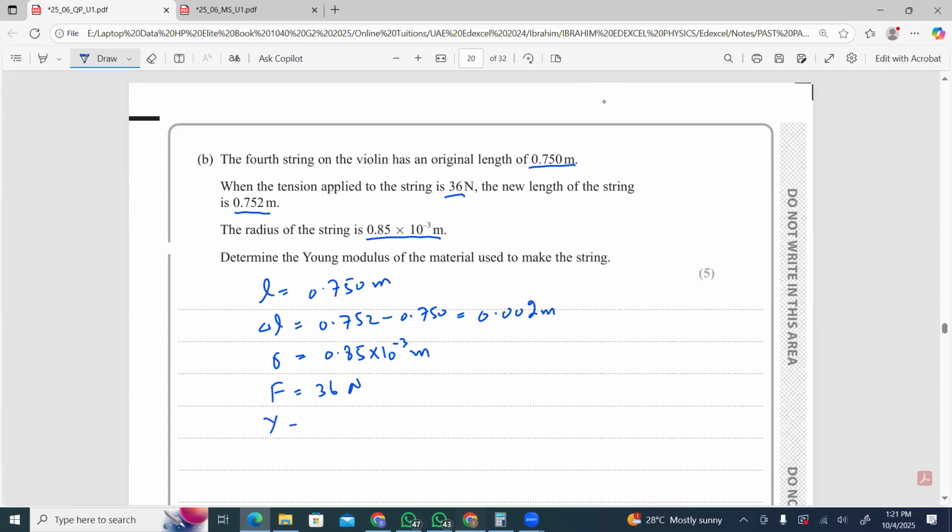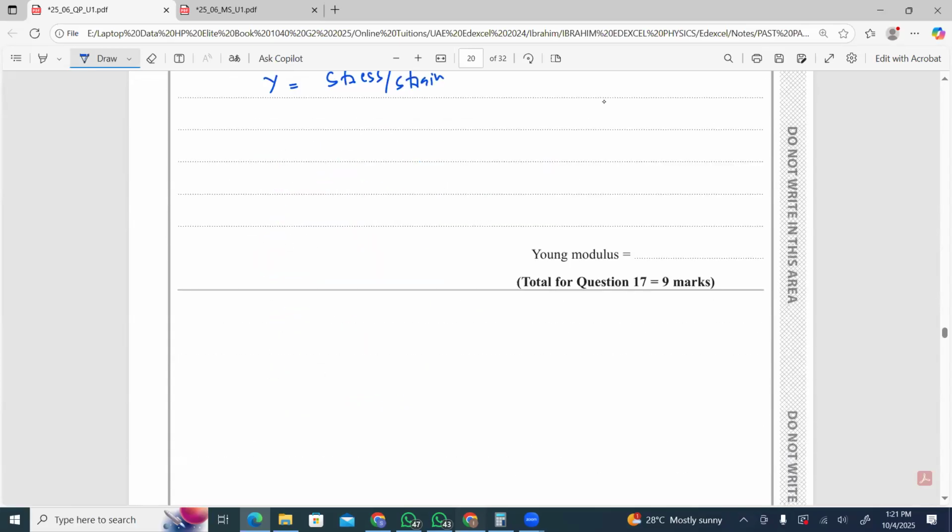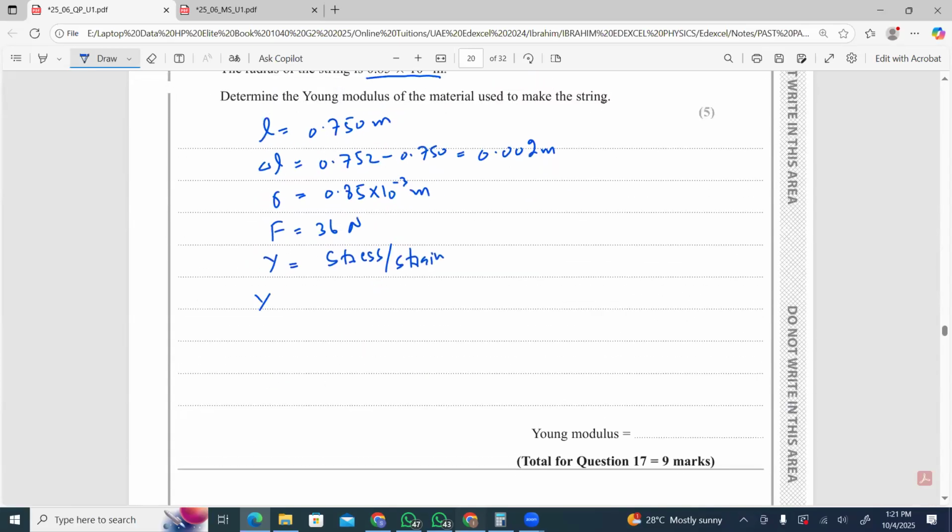And the Young modulus is now stress over strain. The stress is force over area. The strain is change in length over original length.